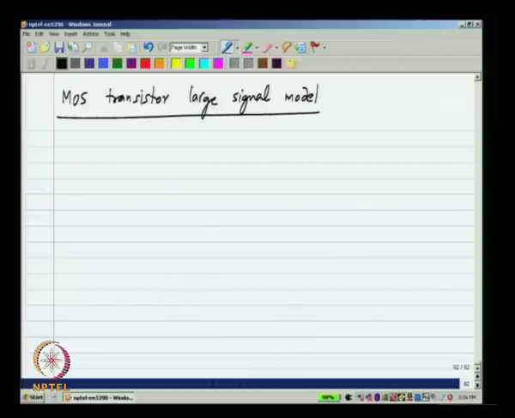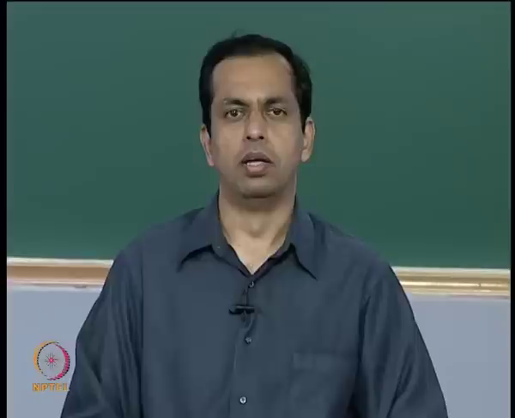We will first review the MOS transistors large signal model. The model is similar for NMOS and PMOS transistors, and then we will go on to the small signal models. Okay.